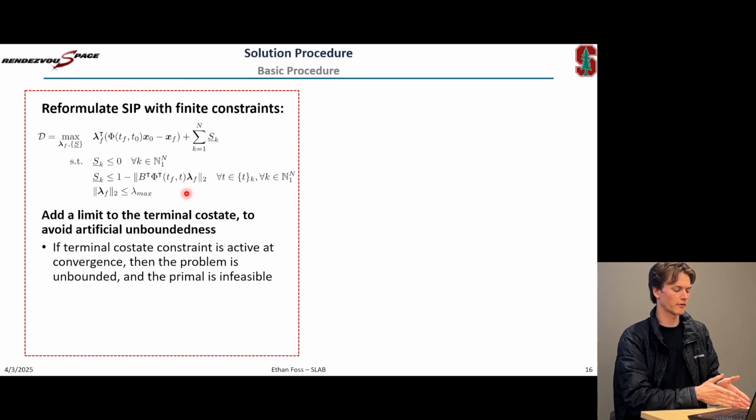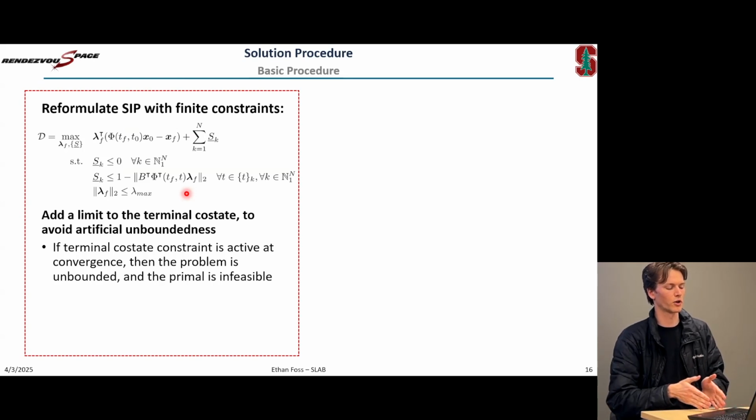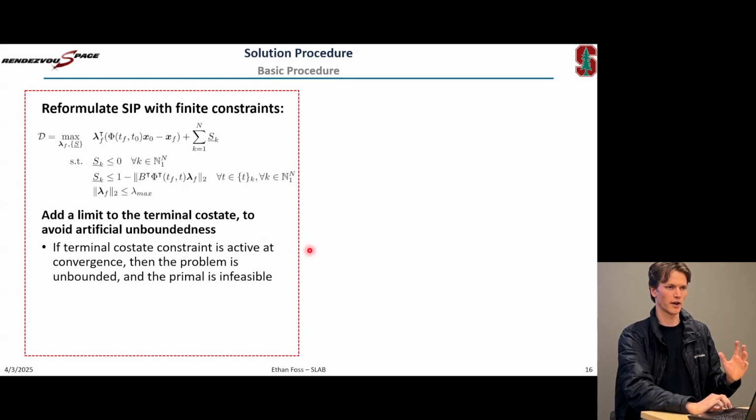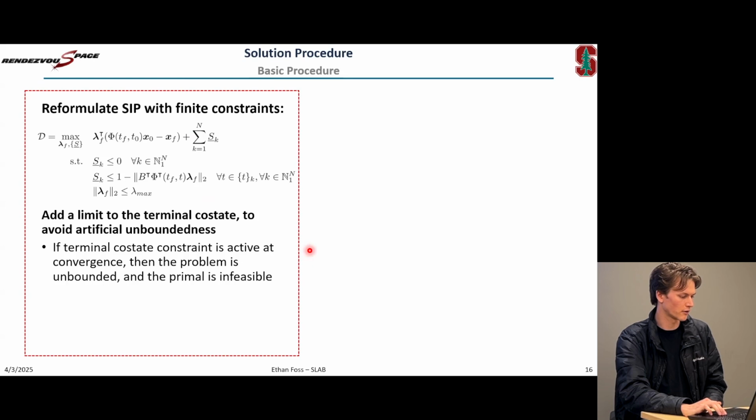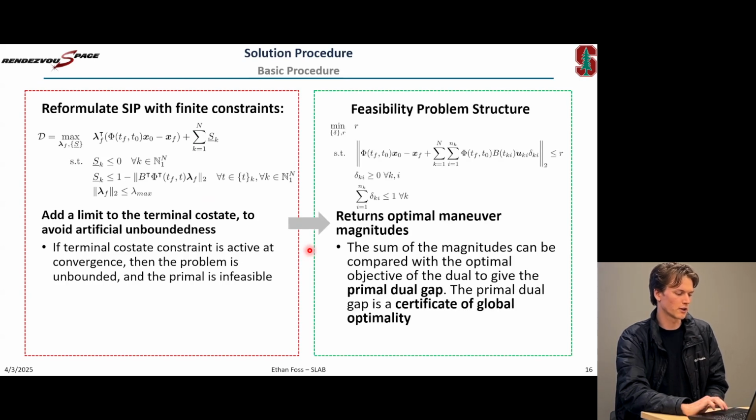So in that framework, we reduce the semi-infinite program to a finite program, which can be readily solved using any off-the-shelf convex optimization solver.